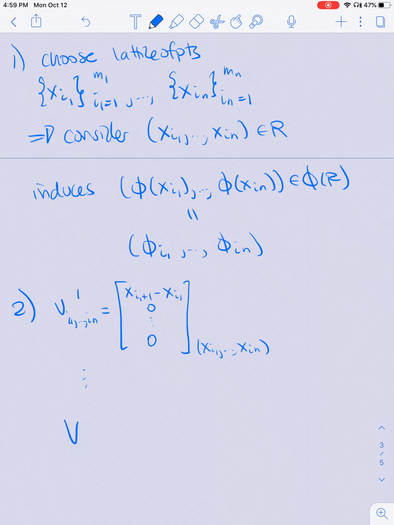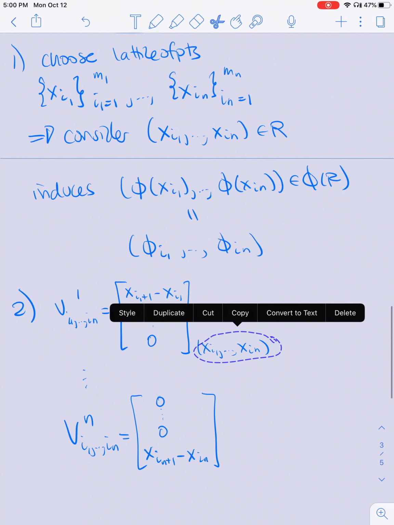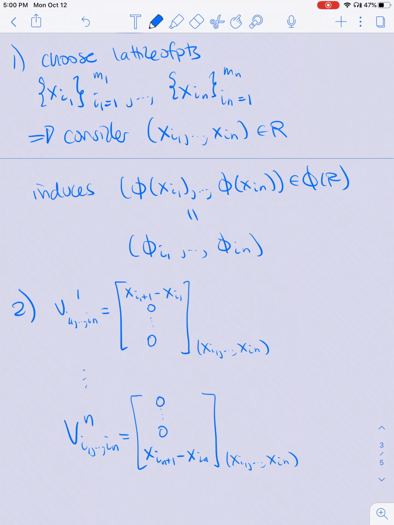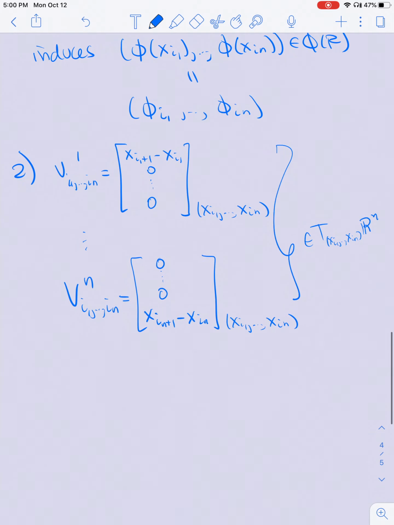And keep going all the way down to vn at i1 through in, which is equal to 0, 0, x_{in+1} minus x_{in} at the same point. Okay, and so right, these are all elements of the tangent space at x_{i1} through x_{in} of Rn. Okay, so now I'm going to rewrite my integrand.